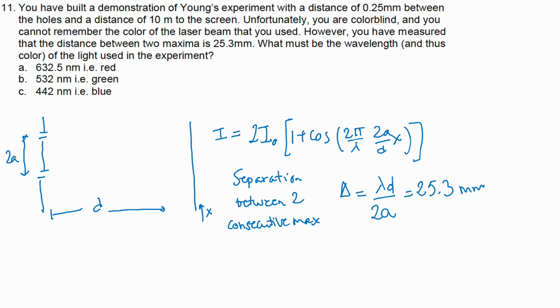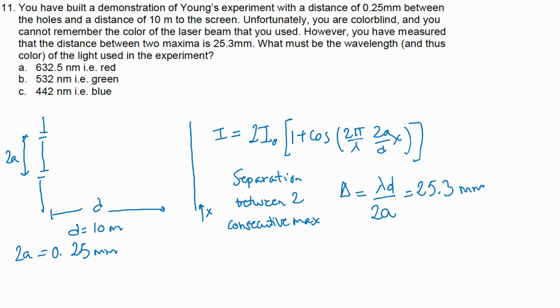The problem also tells us that our distance d is 10 meters from the slit to the screen, and that 2a is 0.25 millimeters. Now the problem says that we don't remember what wavelength the laser used, so we need to estimate the wavelength.